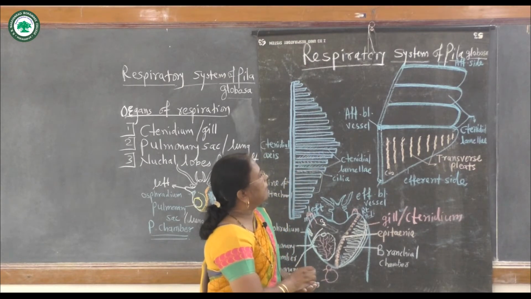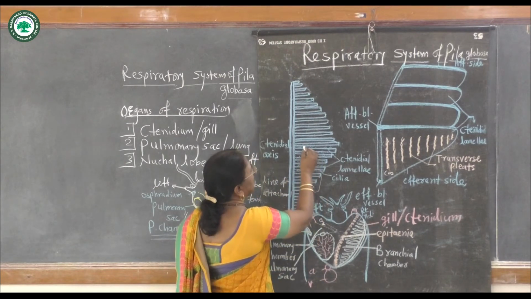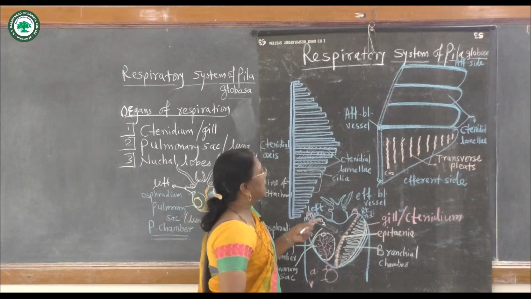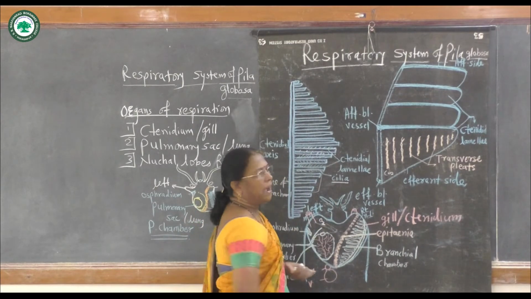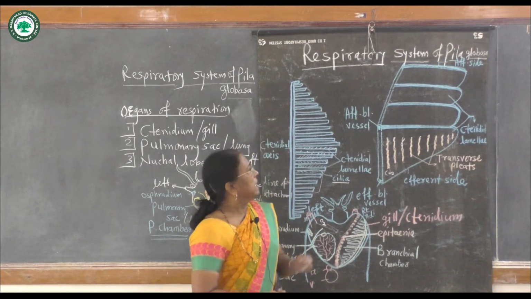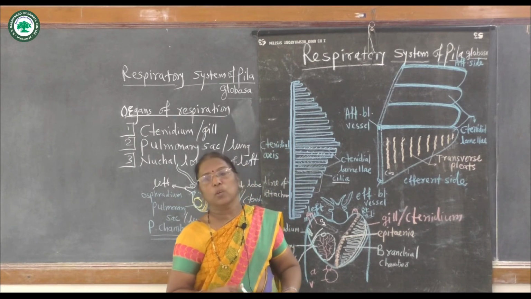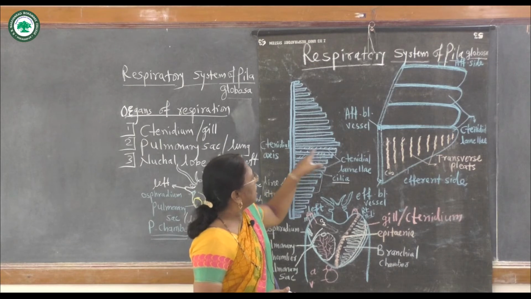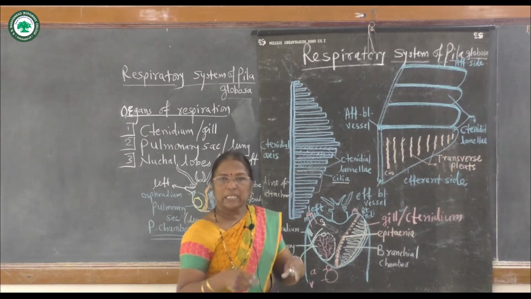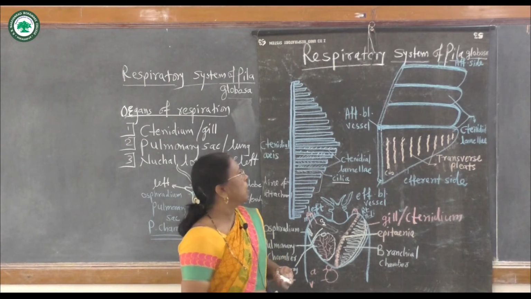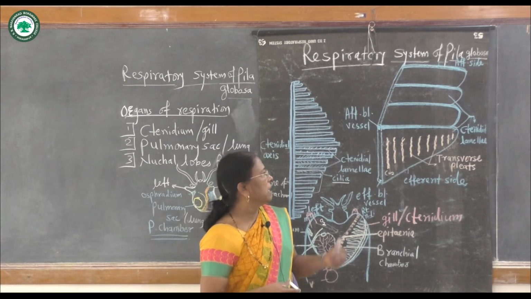Each leaflet or lamella shows a number of small hair-like processes. These hair-like processes are called cilia. Each lamella, arranged parallel and at right angles to one another, bears on its external surface these smaller hair-like processes.